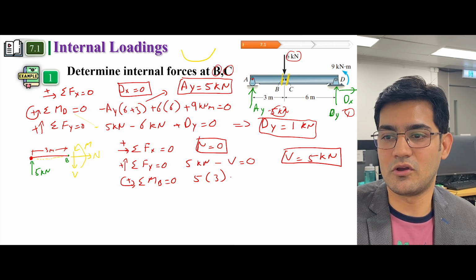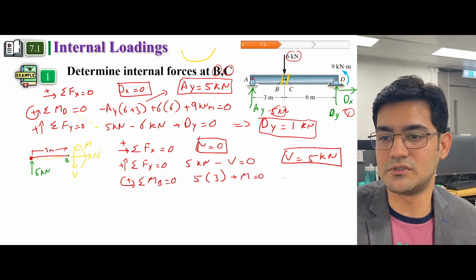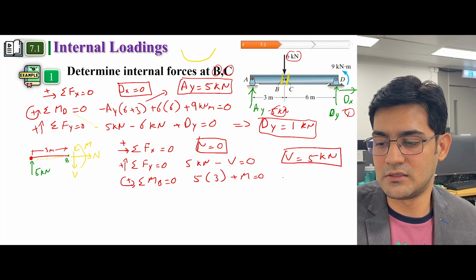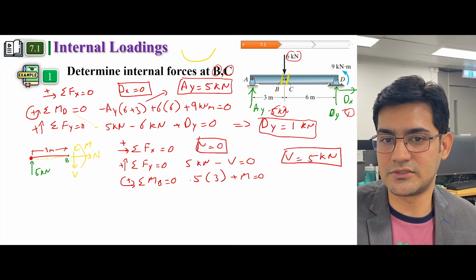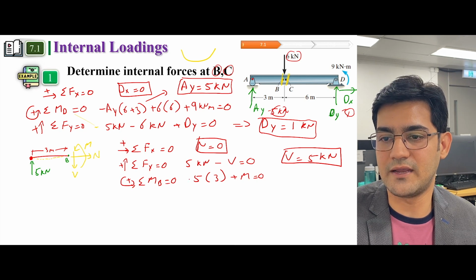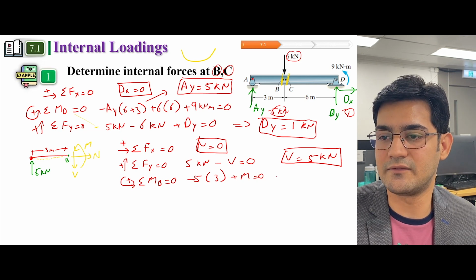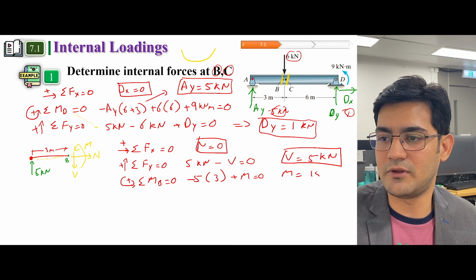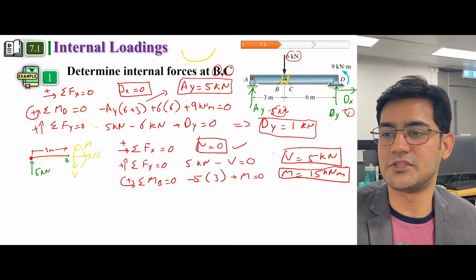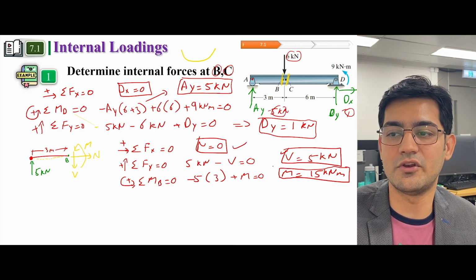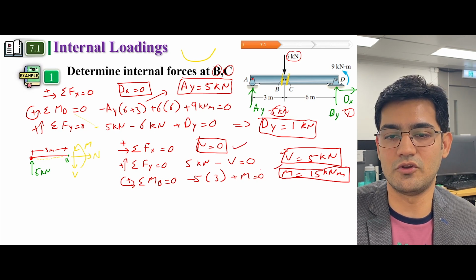So you have anti-clockwise moment, which is positive, equal to 0. This force is actually clockwise 5, and clockwise is negative. So the moment will come out to be 15 kilonewton meter. So these are the internal forces: shear force is 5 kilonewton, bending moment is 15 kilonewton meter.